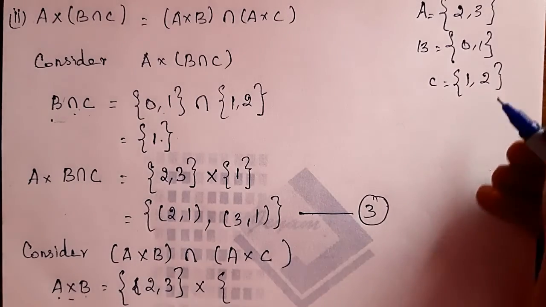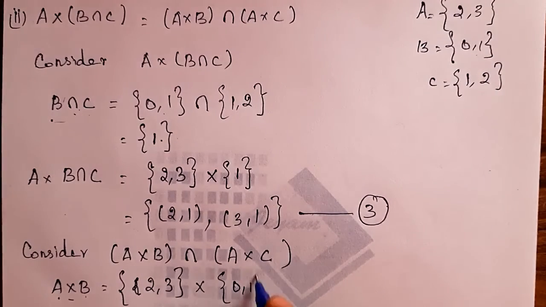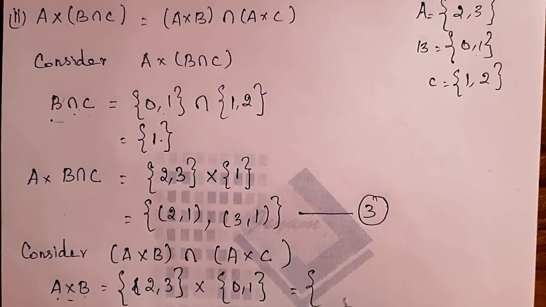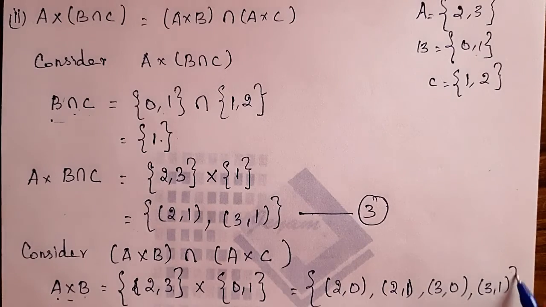Next B is {0, 1}. We are going to do the cross product, so our outcome will be ordered pairs, that is (2, 0), (2, 1), then (3, 0), (3, 1). Okay, so first part over.